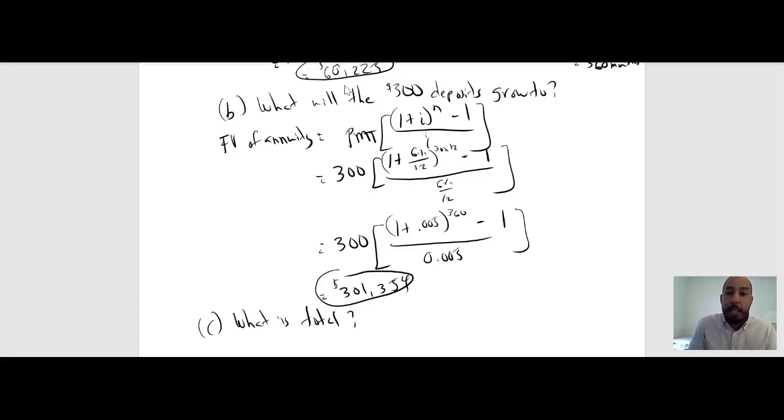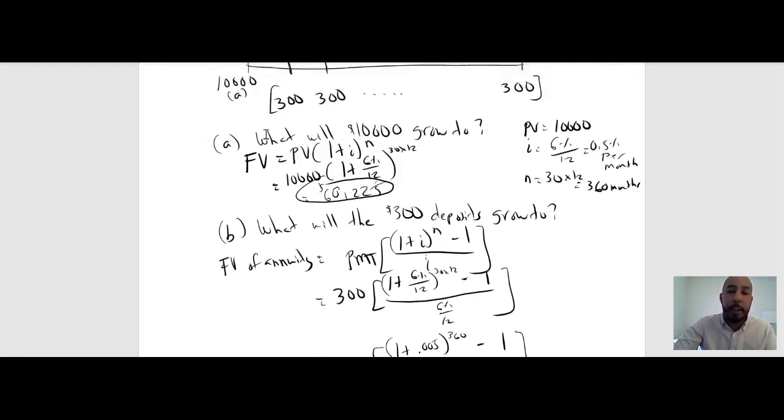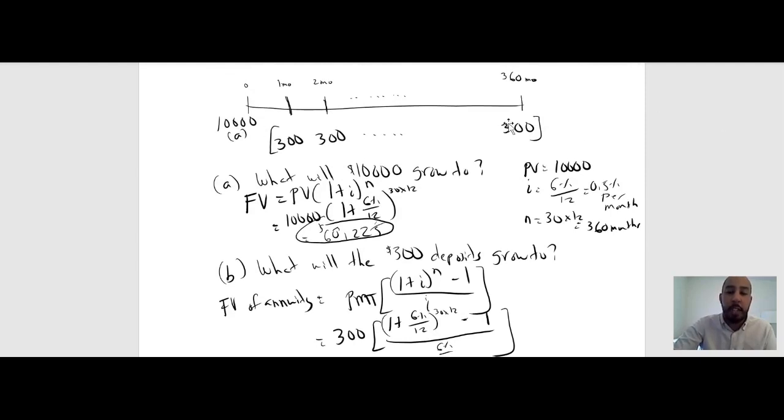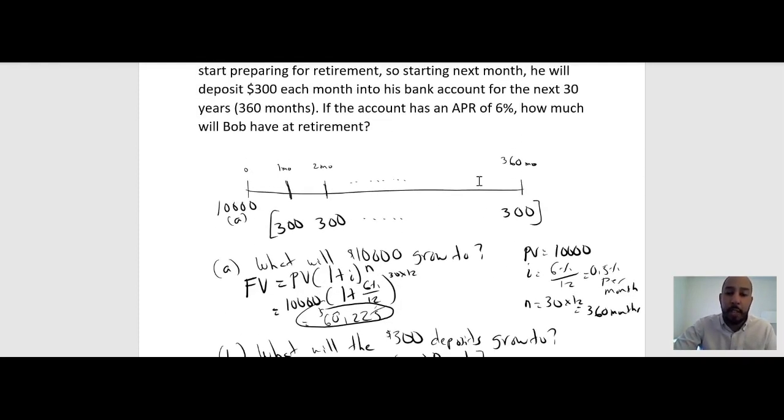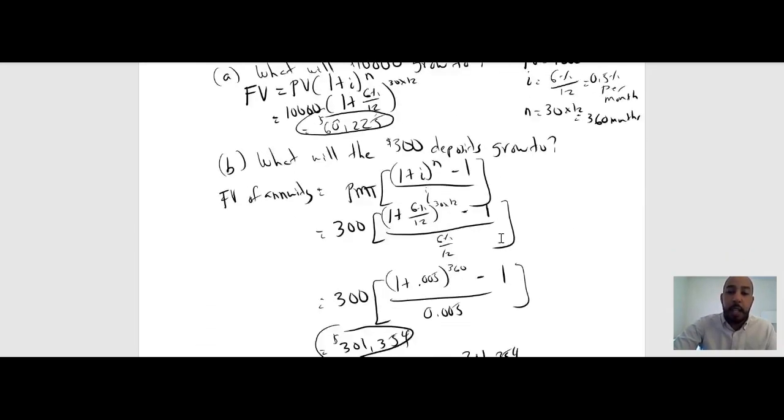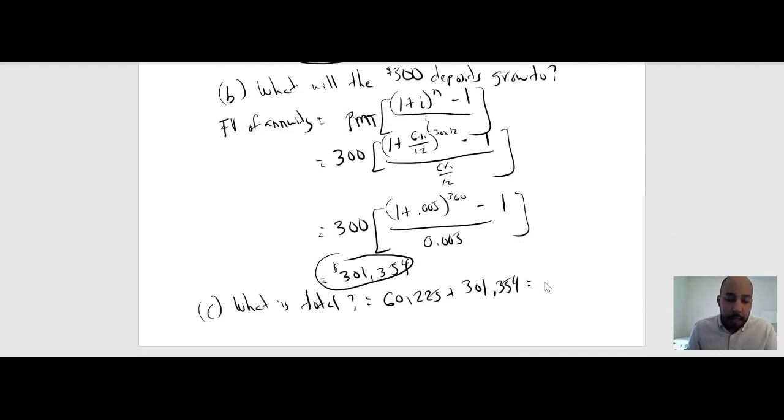Well, it's just going to be these two parts added together. So this is going to be the $60,225, which remember is what the $10,000 that we have to begin with is going to grow to at the end of 30 years, and then we have the $301,354, the value that the $300 deposits are going to grow to at the end of 30 years. So adding these together, I get $361,580.